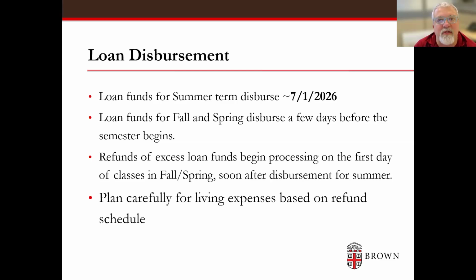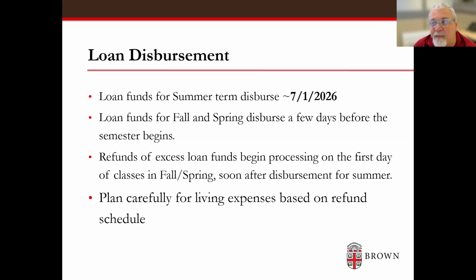If you're in a summer term, when the summer classes start, if you have a credit balance, that would go back to you as a refund to help with summer expenses. Same thing goes for fall and spring. Student Financial Services cannot release that funding until after your classes start. If you have any questions about that, you should contact Student Financial Services.